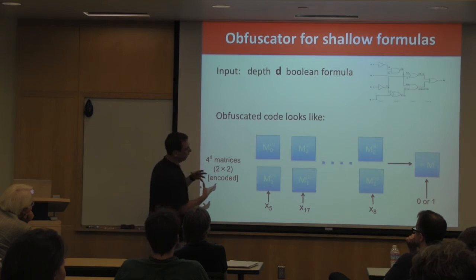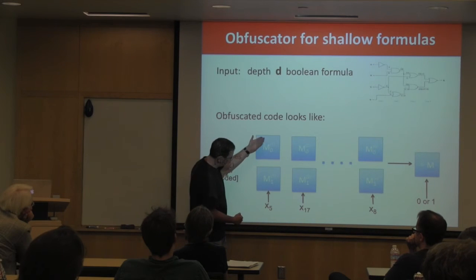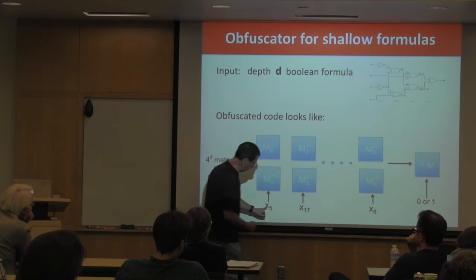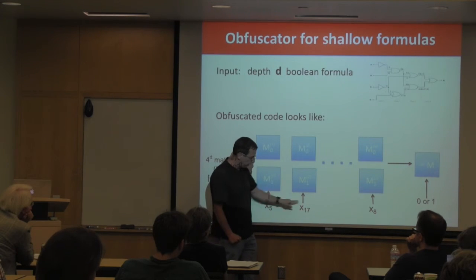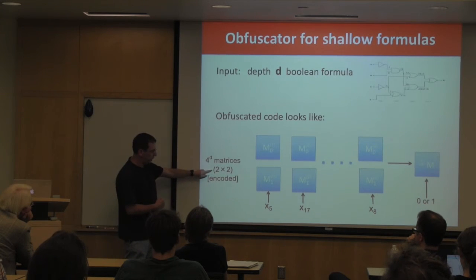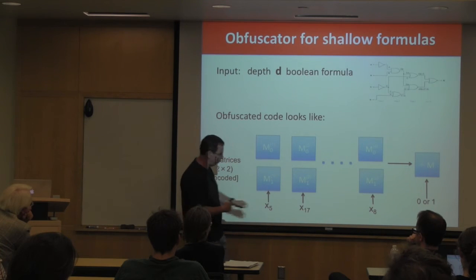When you convert to matrices, what does it actually mean? Basically you output pairs of matrices. Each pair of matrices is associated with one input wire. You have 4 to the D matrices. Each one of them can be very short, like 2 by 2 matrices. And each pair is associated with an input wire.